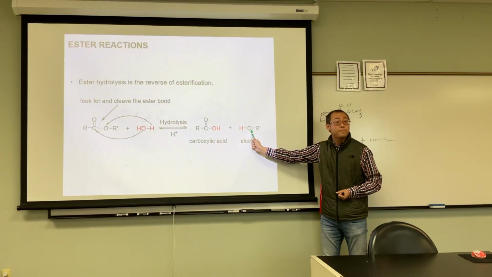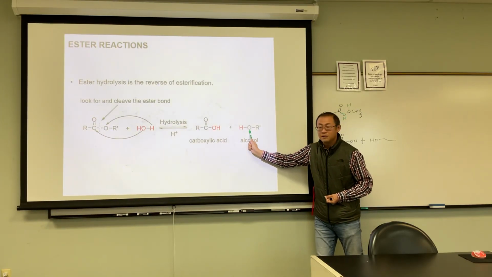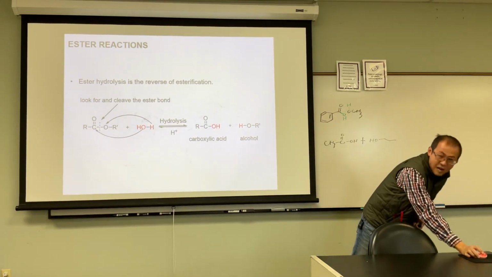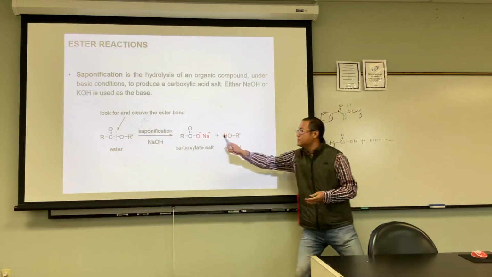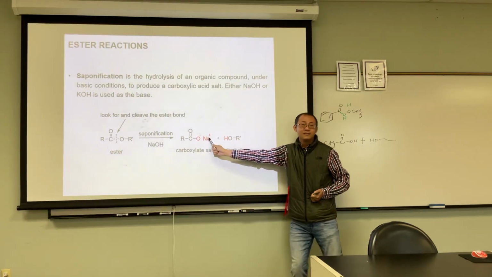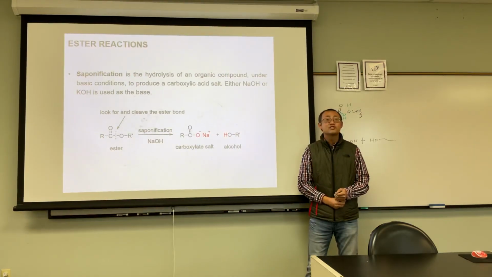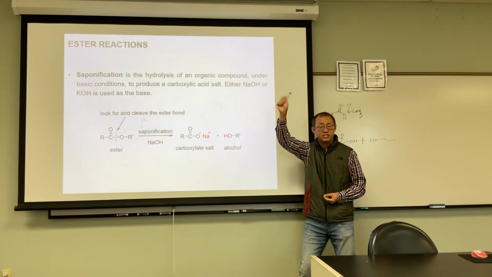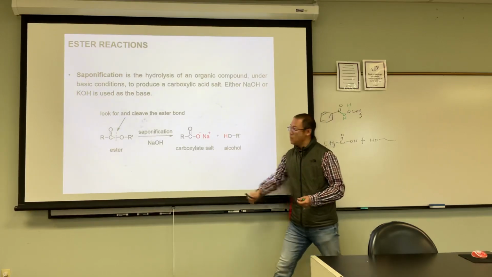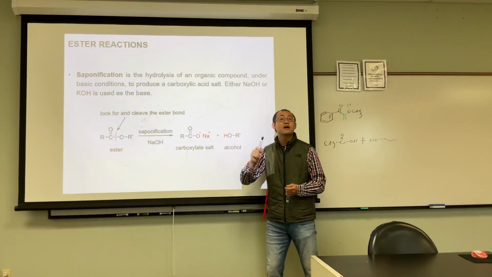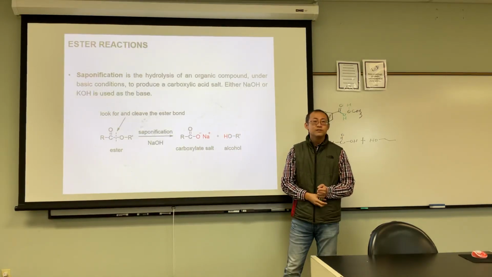But under basic condition, the acid COOH will be further converted to COO minus and Na plus, a salt of this carboxylic acid. Alcohol doesn't change. Alcohol doesn't react with the base. With a base, the acid will be further converted to a salt.